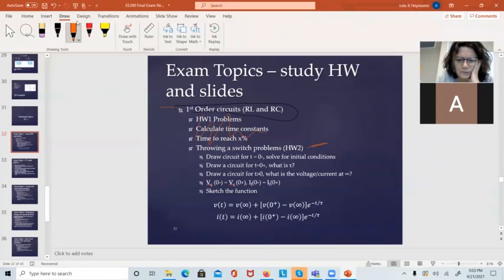Draw a circuit for t equals 0 minus, solve for the initial conditions. There are examples in the practice exam. There are examples in the slide solutions for this. And sketch the function. So that would be something that I'm likely to put on the final exam. I know me.